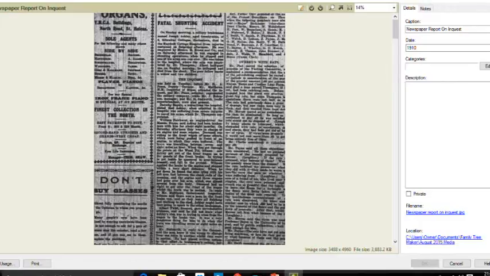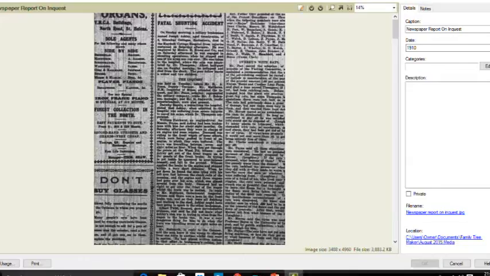And so I wrote to the library in St Helens, and they very kindly went through their microfiches of newspapers in that week and sent me back this copy of the report in the local newspaper of the inquest.